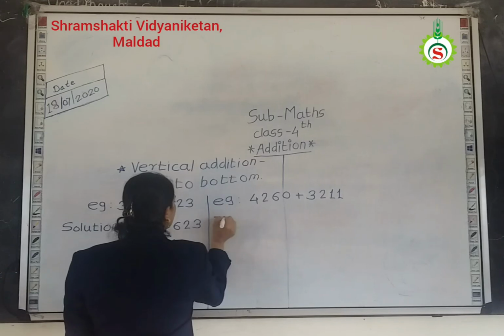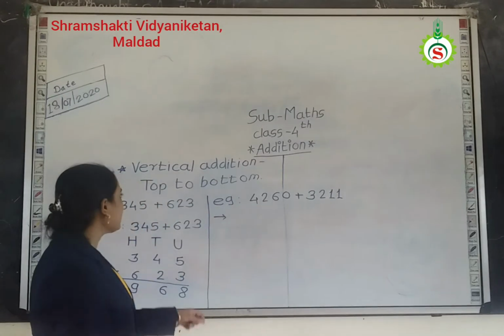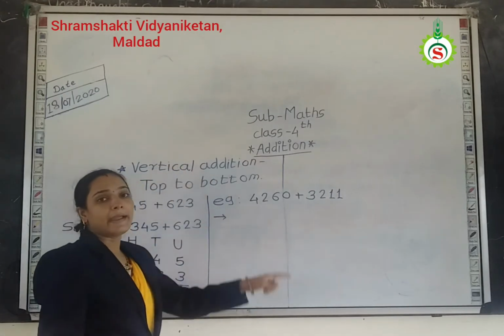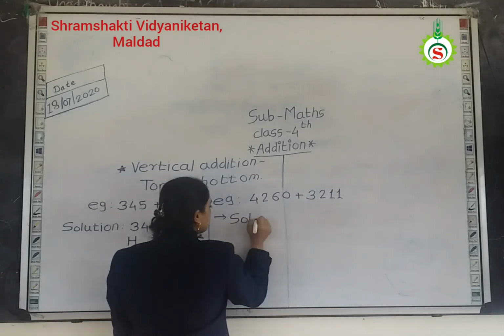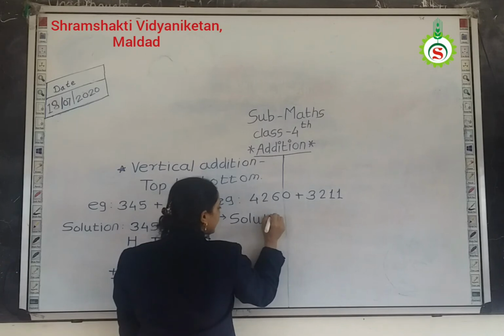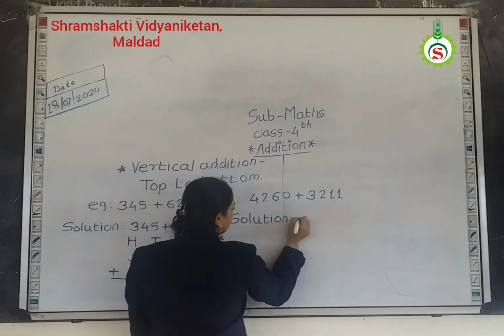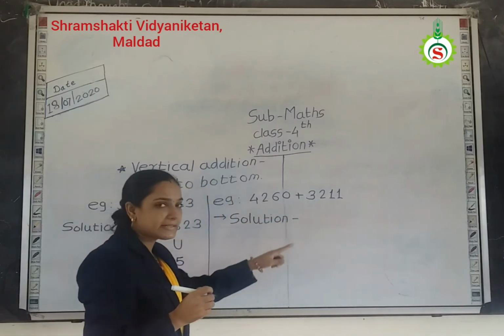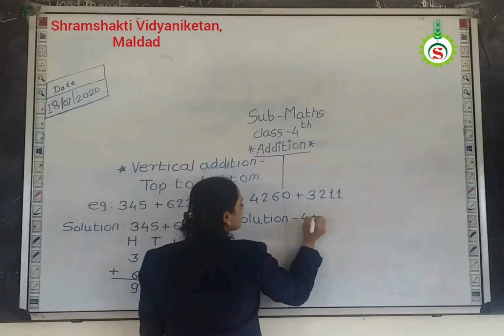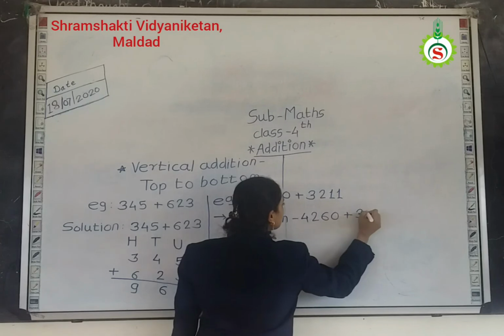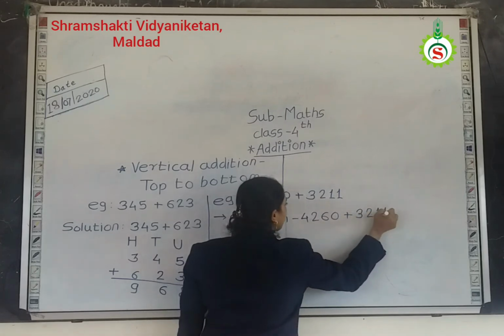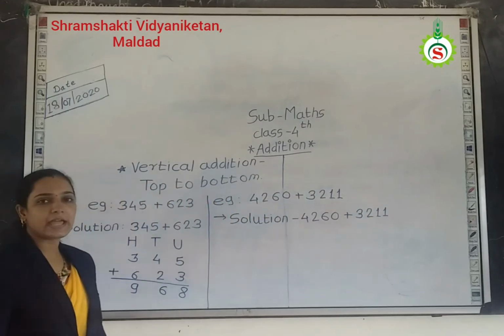And now we have to solve this example using vertical type addition. What is our first step? Solution. Write the given problem as it is: 4260 plus 3211.